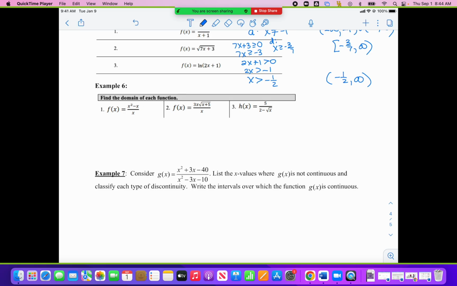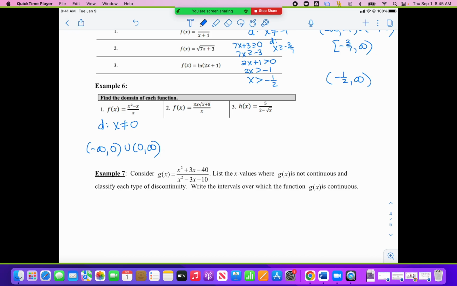Now remember, you are doing the domain of the original function. So even though you can do some canceling, like in number 1, I cannot plug in x is 0, right? Even though I can reduce it, I'm still talking about the first one. So the first one's not bad. Domain, you could say x does not equal 0. So that one's no biggie.